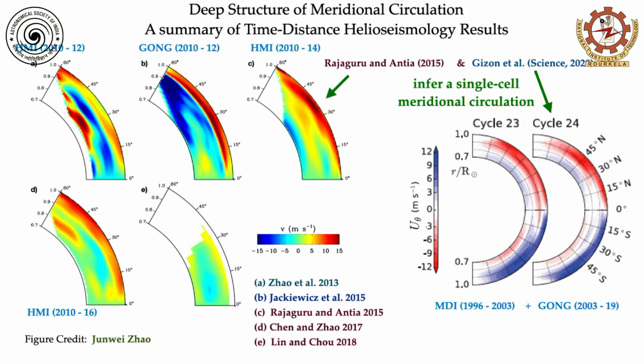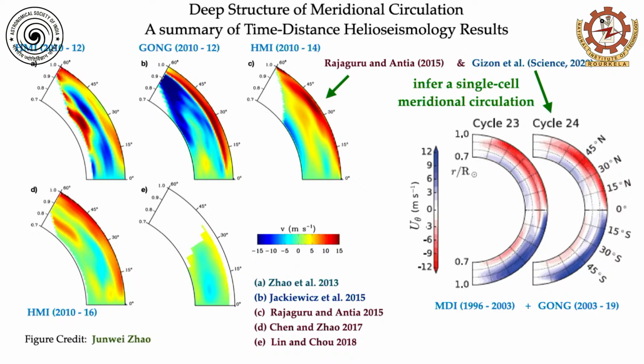there were several other teams which worked on this problem, and there was no agreement. This is a summary of all the measurements which have been carried out so far. There are double cell results. As you can see, there are two teams, the Stanford team and the GONG team, Zhao et al. The top two left panels show this, and also other later measurements by the Stanford team, much improved measurements, and they still claimed that there is a double cell.